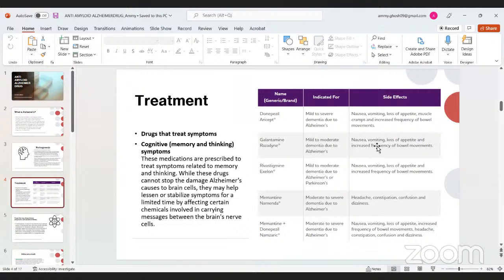Rivastigmine, or Exelon, is used in mild to moderate dementia due to Alzheimer's or Parkinson's, and the side effects are pretty much the same. Memantine is used in moderate to severe dementia, with headache, constipation, confusion, and dizziness. We use memantine and donepezil together, like Namzaric, in moderate to severe dementia. These are the treatments for the symptoms.